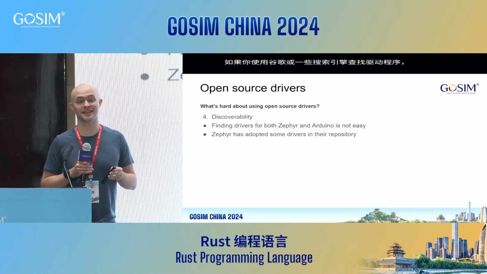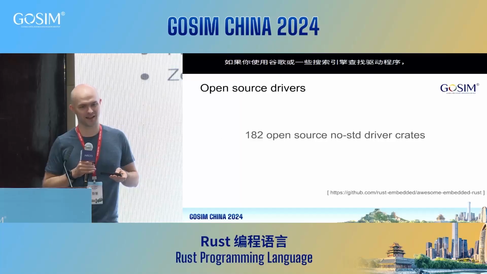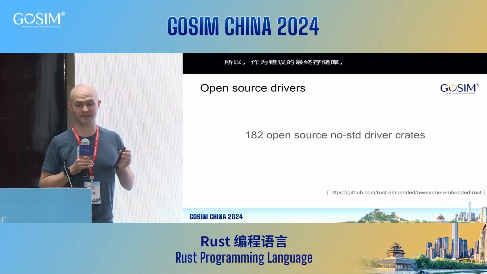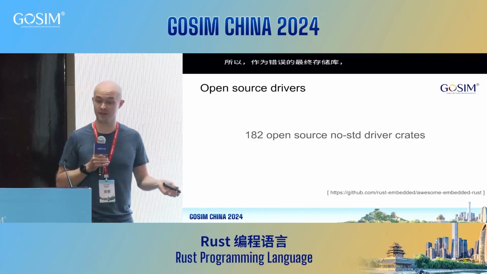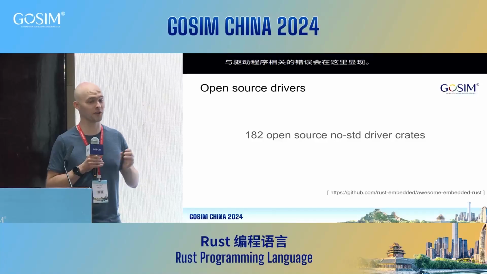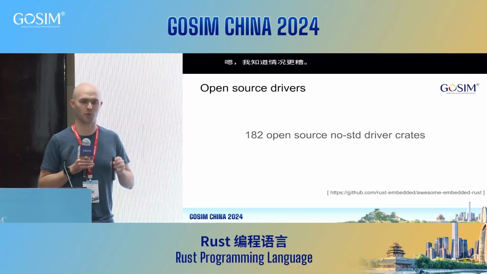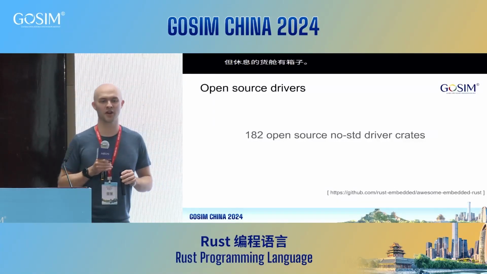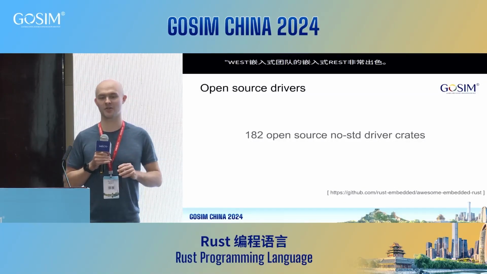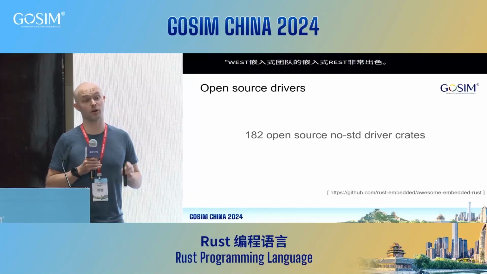Yeah, Arduino is worse. But Rust has crates. The Rust embedded working group has Awesome Embedded Rust, which is a page dedicated to just summing up all the different efforts that are going on. When I made this slide, there were 128 open source no_std driver crates listed on this page, and I am sure that there are more.